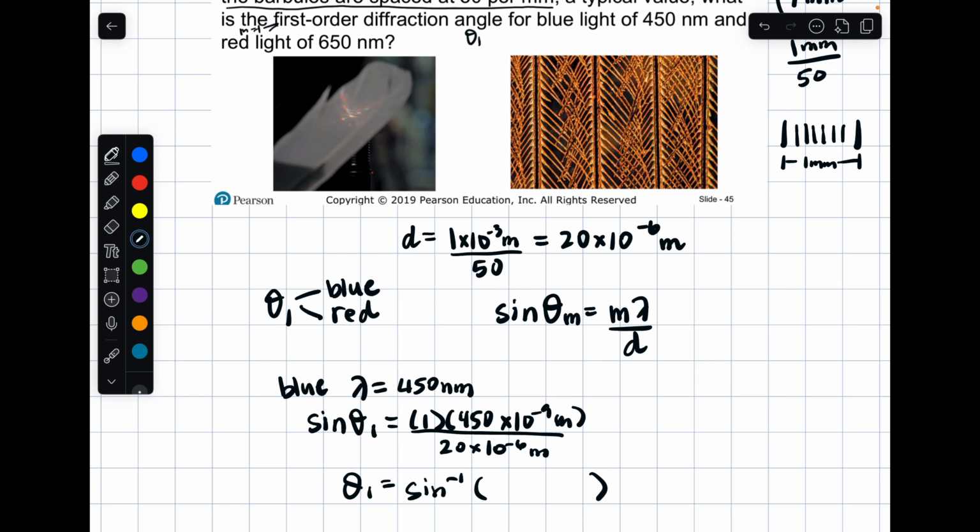Make sure your calculator is in degree mode. We get 1.3 degrees for blue. Now let's do red. Our wavelength for red is 650 nanometers.